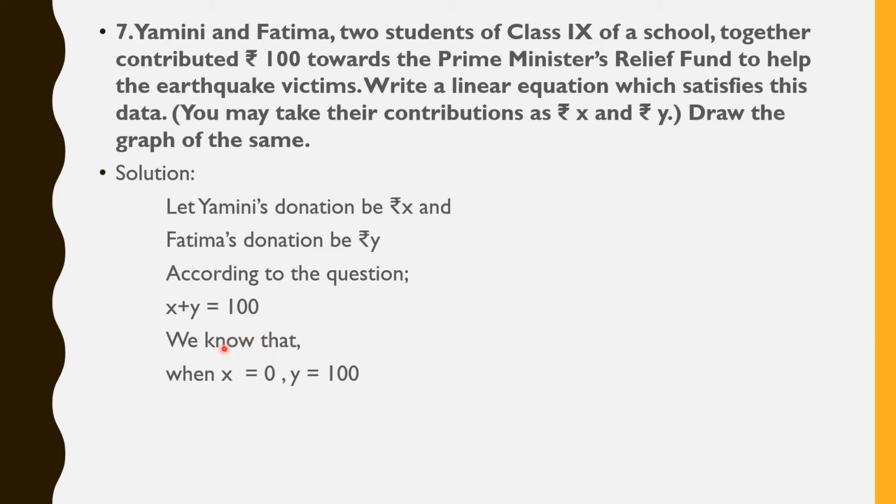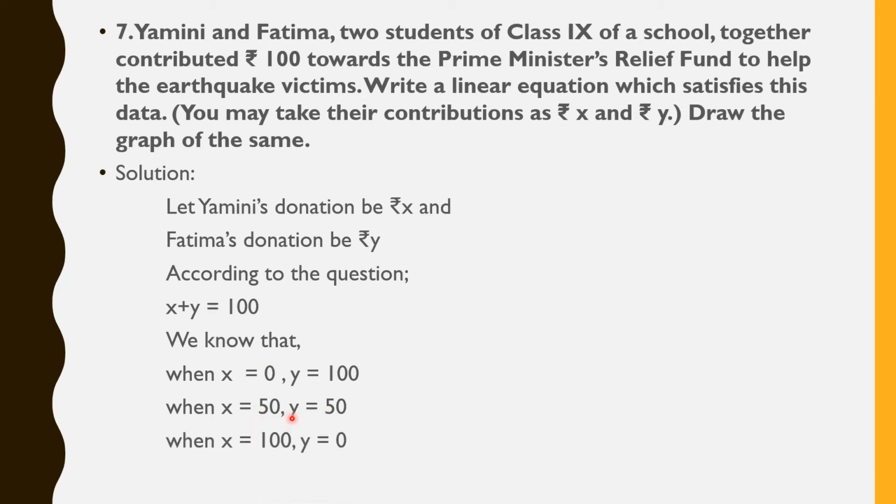So, if Yamini contributed 0 rupees, Fatima would have contributed 100. So, I can take x as 0 and y as 100, as Yamini's contribution is x and Fatima's contribution is y. Next, when I take x as 50, y would also be 50 because 50 plus 50 is 100, and in total the contribution was 100.